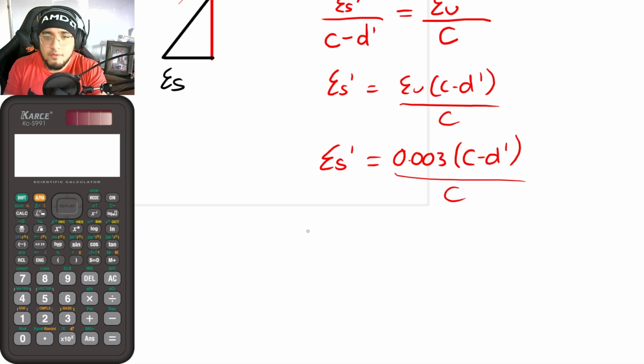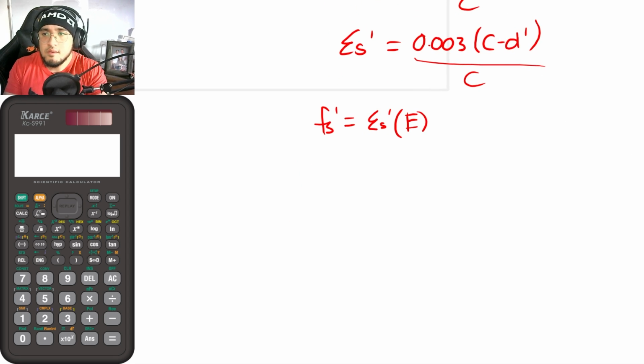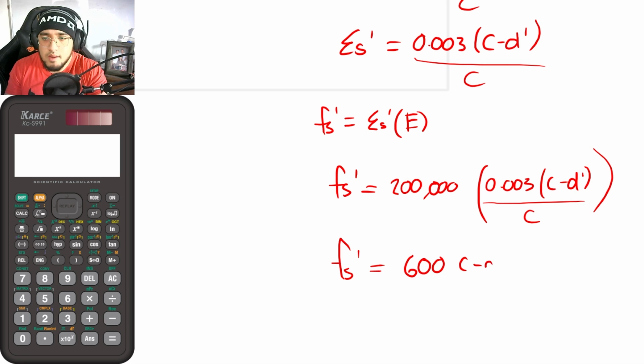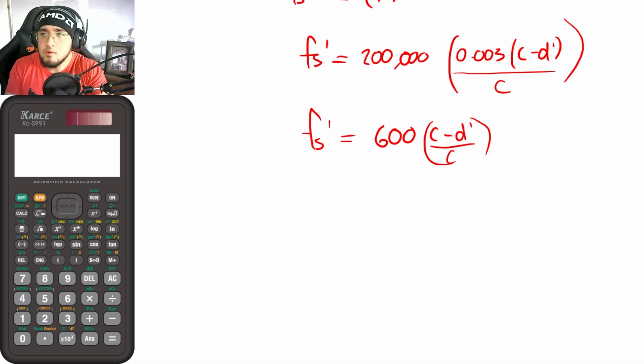As a review, the value of stress is equal to strain S prime times E of 200,000. So by multiplying this by 200,000, fs prime is equal to 200,000 times 0.003 times (C minus d prime) divided by C. And from that, our fs prime is equal to 600 times (C minus d prime) over C. This is a new equation that you should memorize.